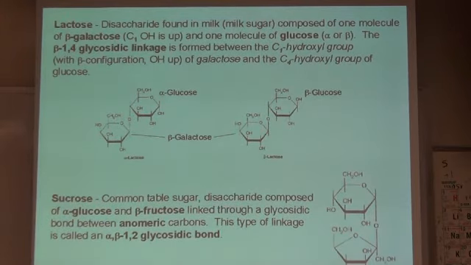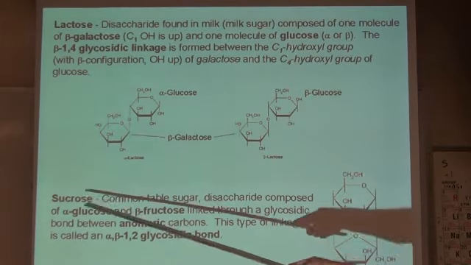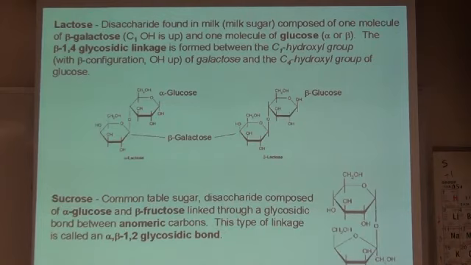Okay. Now, knowing that, is there an alpha sucrose and a beta sucrose? Do they exist? Yes? No?